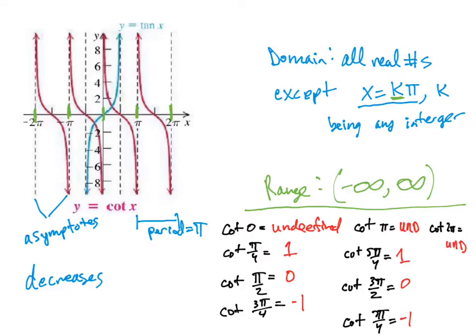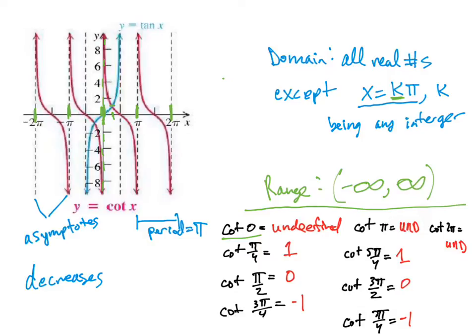So let's see how these values correspond to what we see on the graph. Cotangent at 0, well, 0 is right here along the x-axis. This is undefined. That's where that asymptote line is. Moving to the right, cotangent at pi over 4, we have a value of 1 right here.